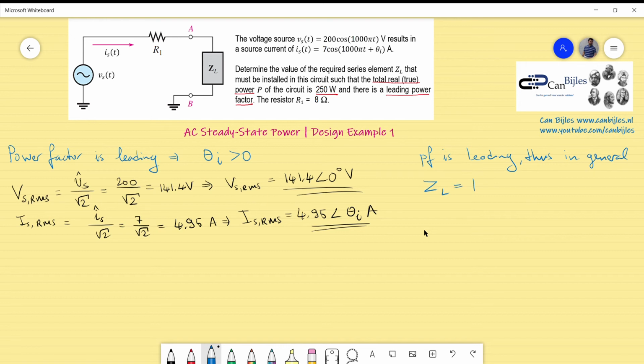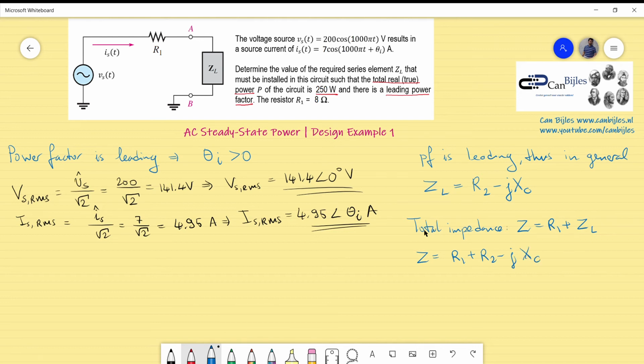I can write ZL as R2 minus jXC, and the total impedance is the summation of R1 and ZL, which is written in another form as Z equals R1 plus R2 minus jXC.